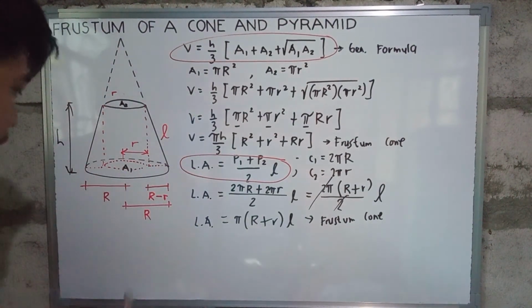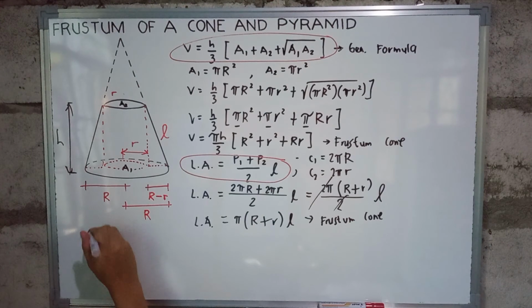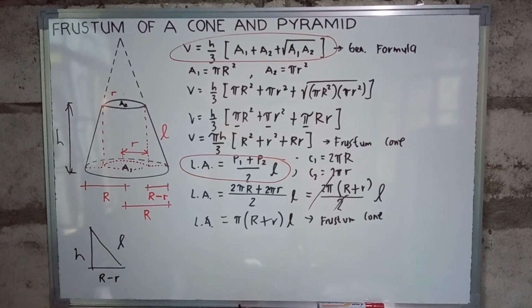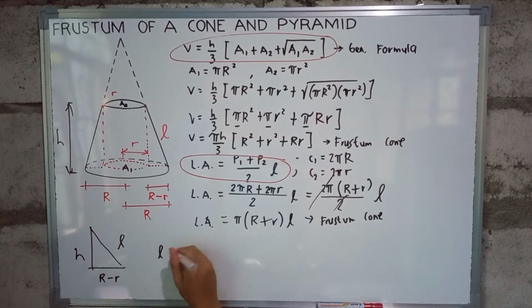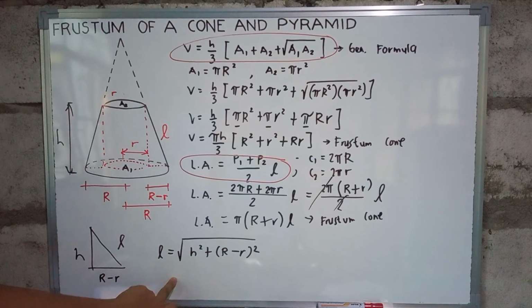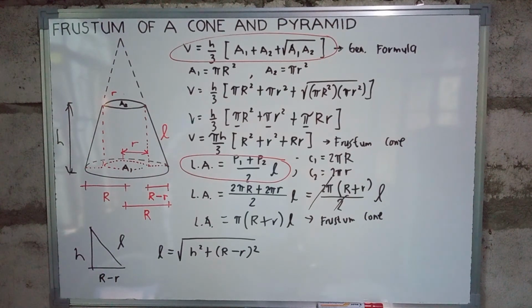So, kung isa-separate natin yung figure, ito yung slant height natin, R minus r, tapos yun yung H. So, in calculating for the slant height, just apply Pythagorean theorem, square root of H squared plus R minus small r squared. So, that will be the formula in finding the slant height. So, ulitin ko lang, lagi lang tayong mag-base sa general formula para less yung minememorize nating mga formula.